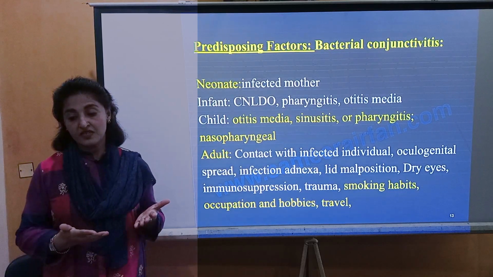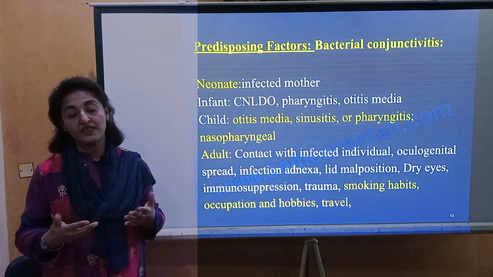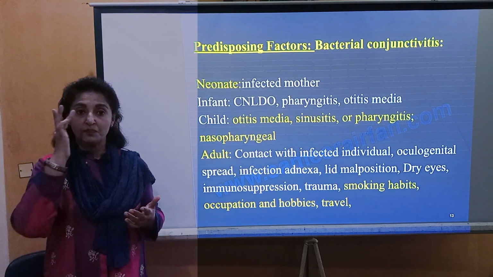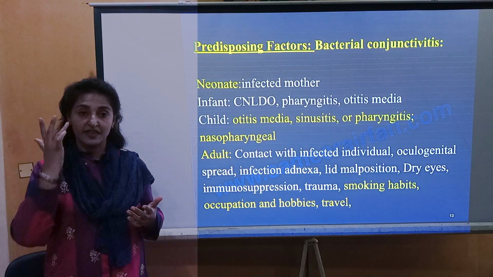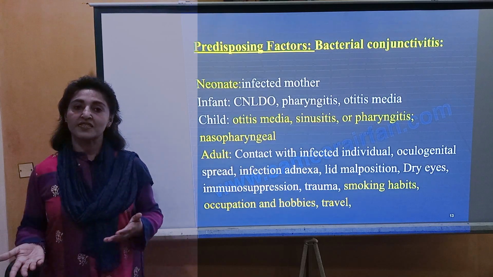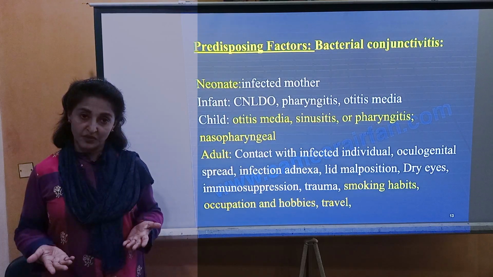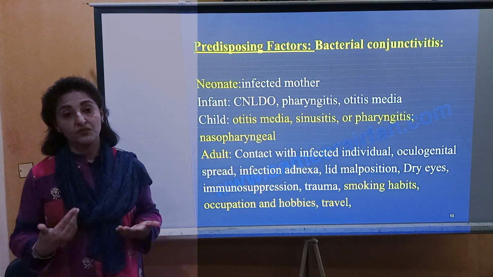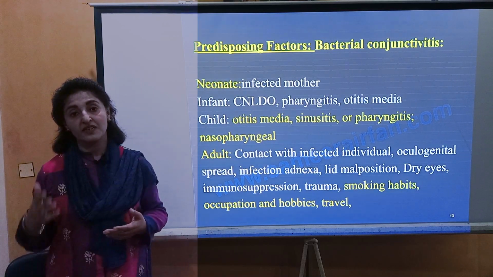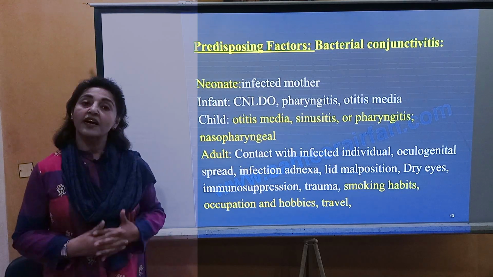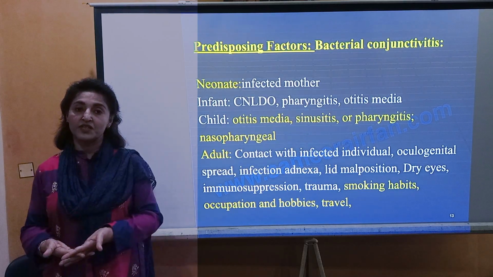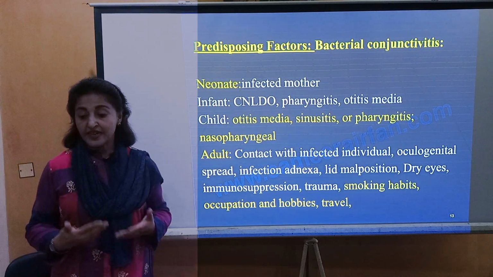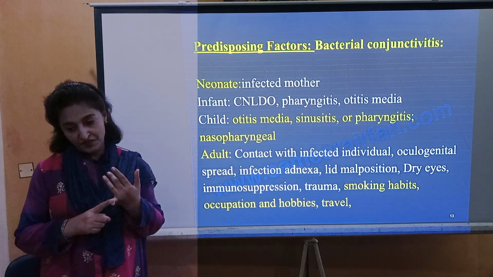In an infant, a chronic congenital nasolacrimal duct obstruction with pus pouring out from the lacrimal sac can result in a chronic bacterial conjunctivitis. Then infants with chronic pharyngitis, otitis media, they generally have a poor health, and the bacterial load can affect the eyes.